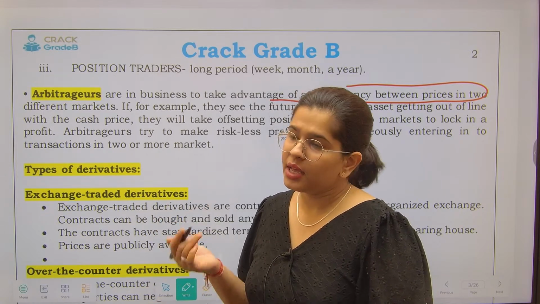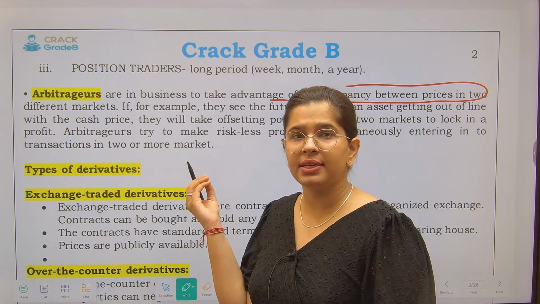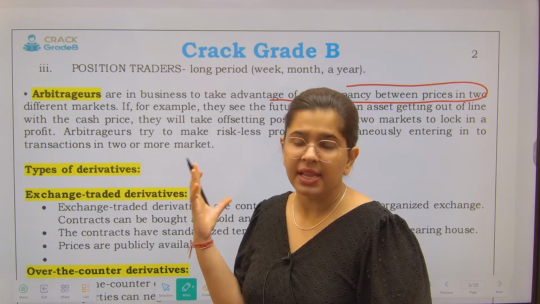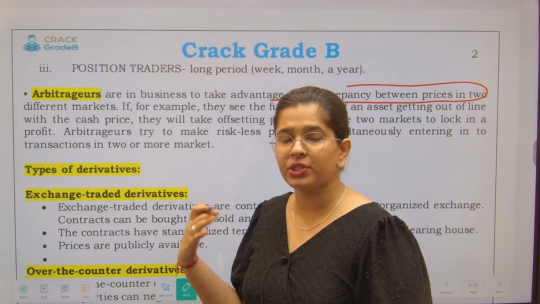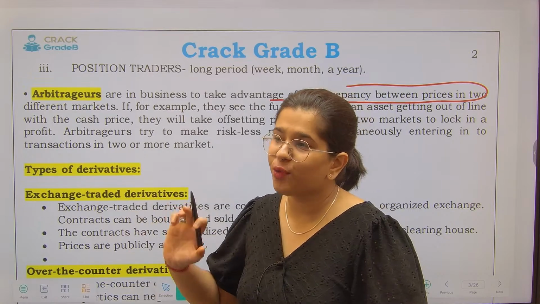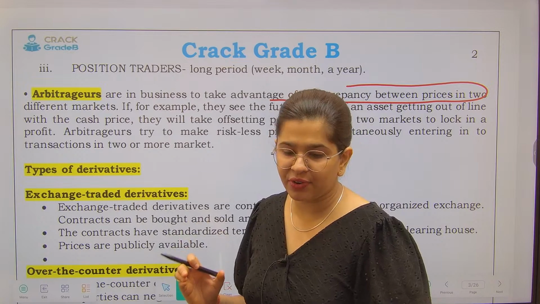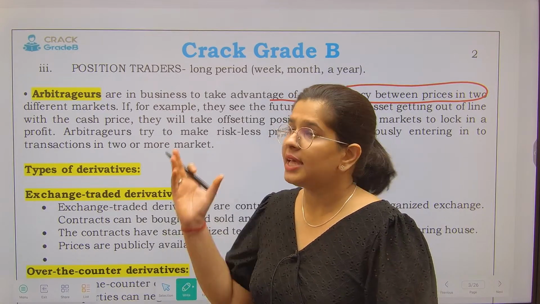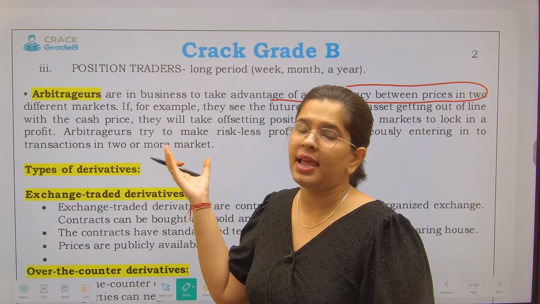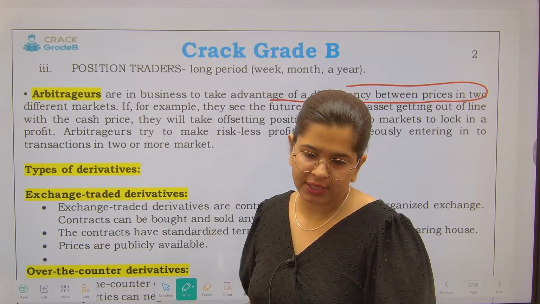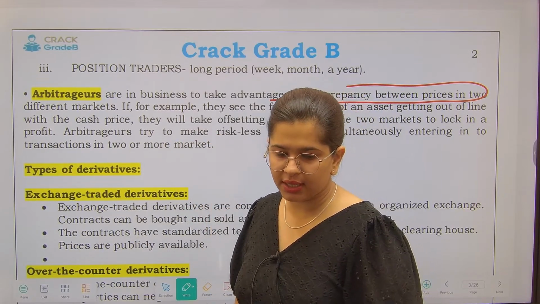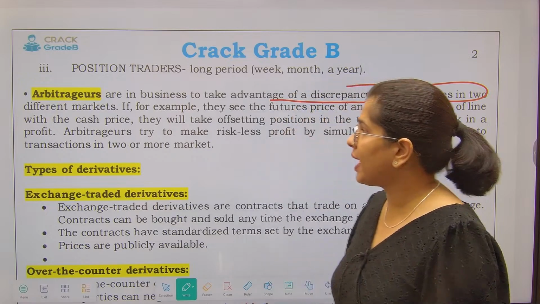It can happen. So that may happen in the international scenario as well. That is why they take different positions in two different markets. और दो market के बीच में जो price differential होता है, whatever price differential is there between two markets, they take advantage of it and make profit out of it. ठीक है? So these are the three kinds of participants that we have seen.